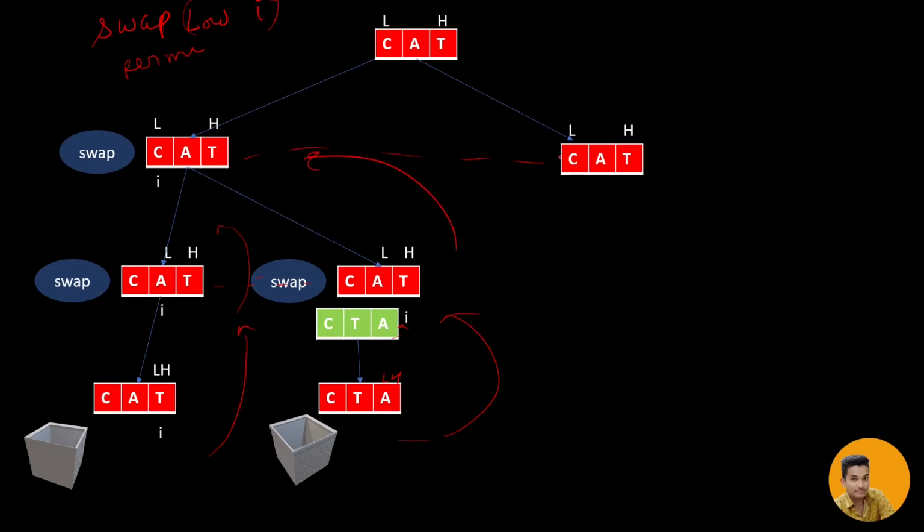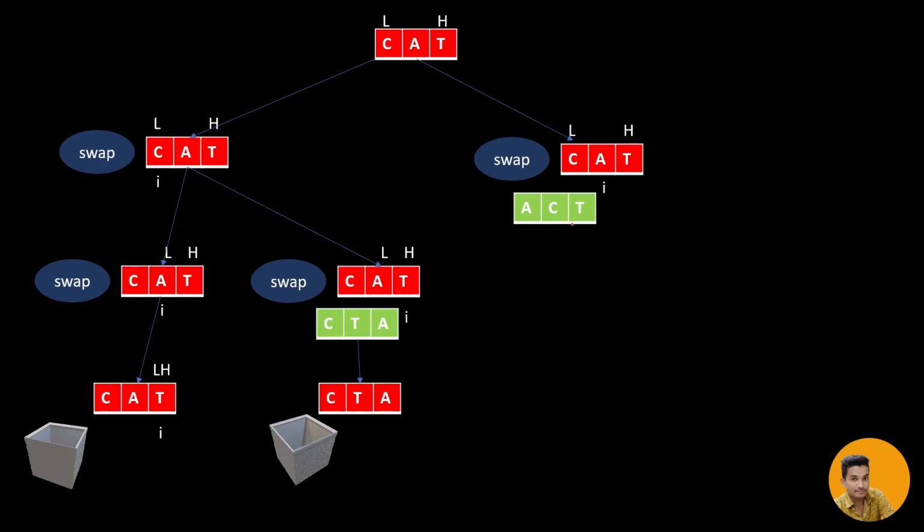We were at this level, now we will go back, so we will be at this level. Low and high are here and I is incremented again, because I was here, so it will be incremented to the next position. Now again we are going to swap, so L and I will be swapped, so A will go here, C will go here.